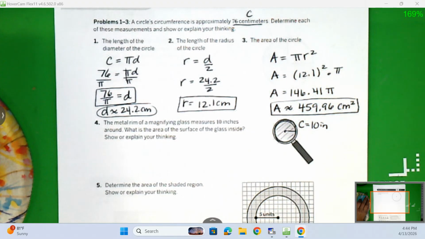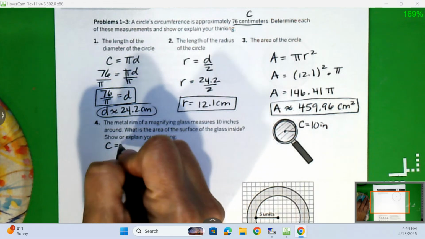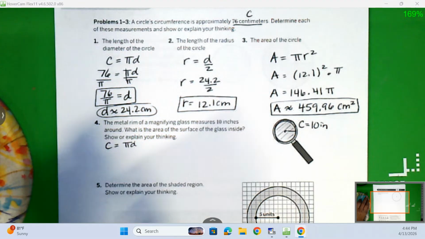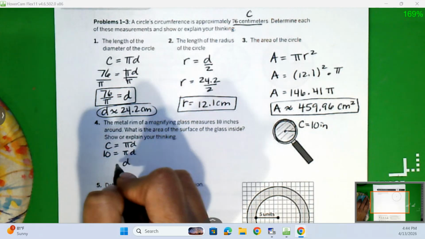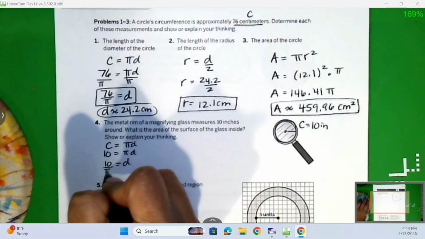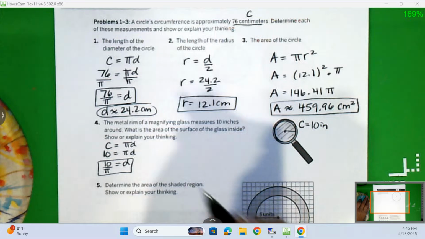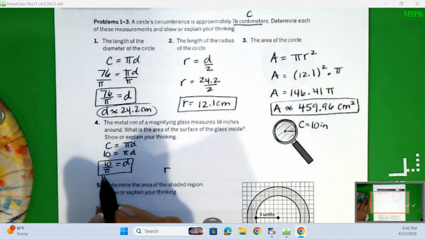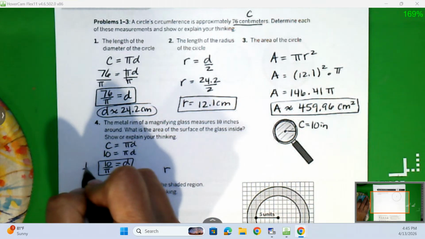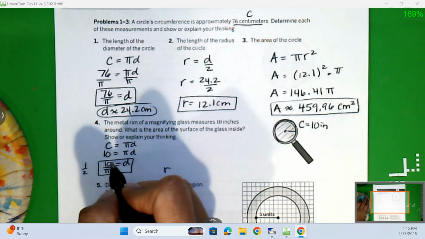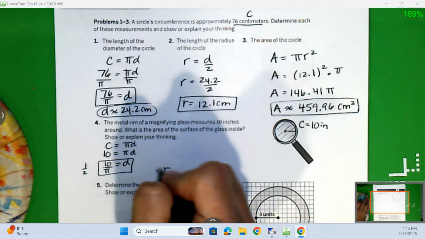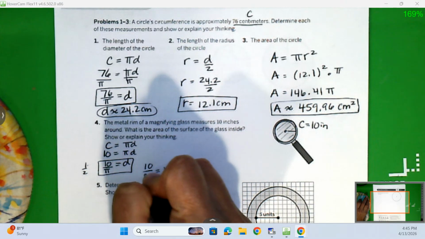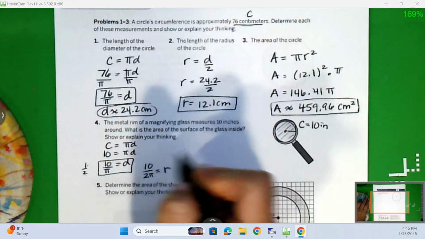To get radius using circumference, we're going to have to get the diameter first. Using our formula, C equals pi d, 10 equals pi d. Our diameter is going to be 10 divided by pi. And then to get our radius, we need half of that. So 1/2 times 10 over pi, multiplying our numerators and denominators, we're going to have the radius is 10 divided by 2 pi.